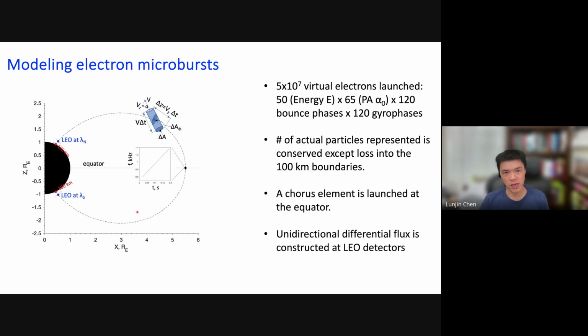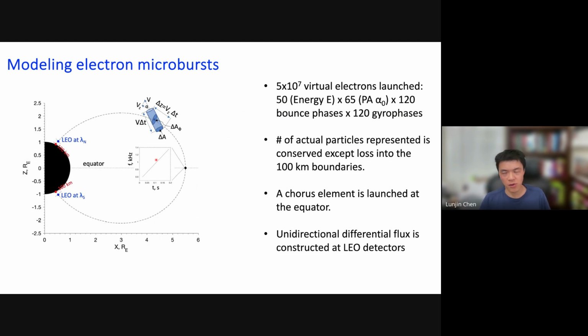The way to do that is we throw in a huge amount of virtual electrons, covering a wide range of energy, a wide range of pitch angle, at different latitudes and different drift phases. And then we also set up the ideal loss cone. Whenever a particle hits this 100 kilometer altitude, we consider the electron lost and move it out of the system.